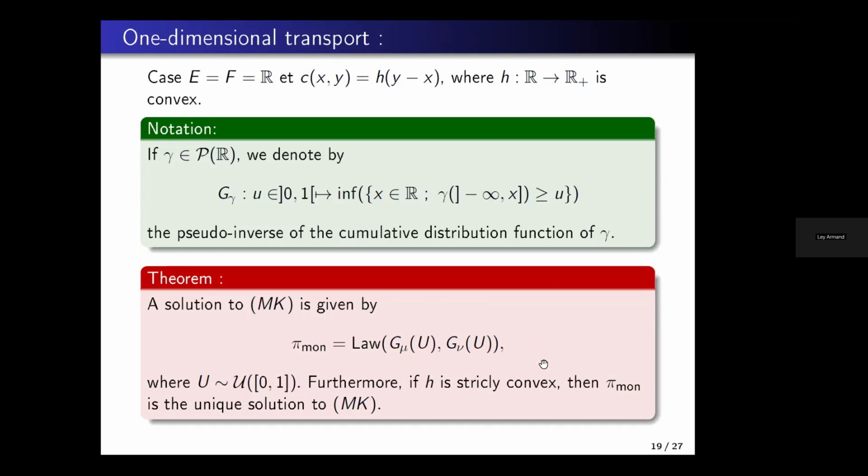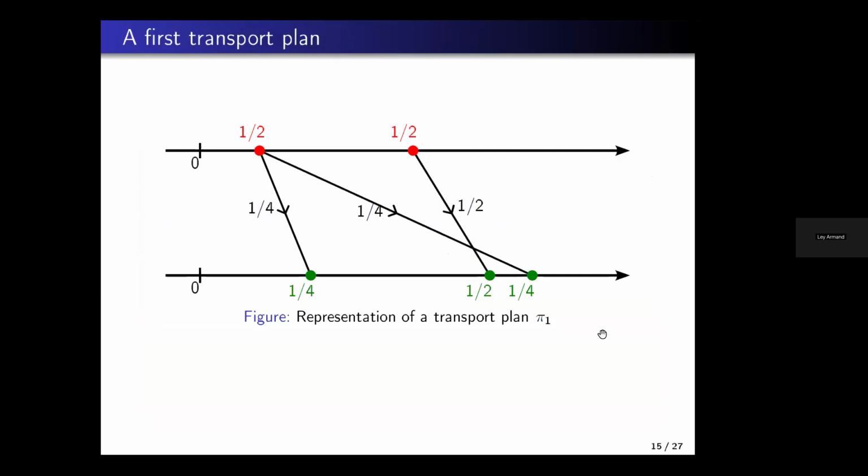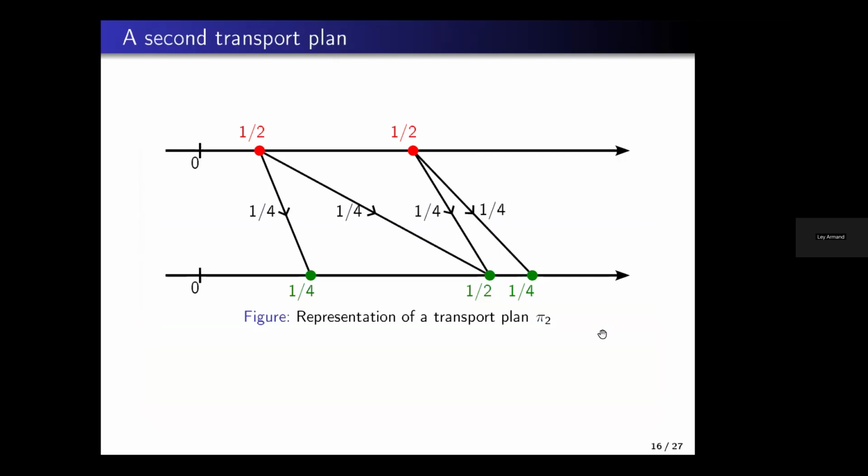I will not go into the details. I don't have much time, but basically the monotone transport plan is: you send mass from the left to the right, because you have a direction, you are on the real line, and you send as much as possible on the left. So if we go back here to our pictures, it is this plan because 1/2 is sending as much as possible on the left, 1/4, then as much as possible to the left.